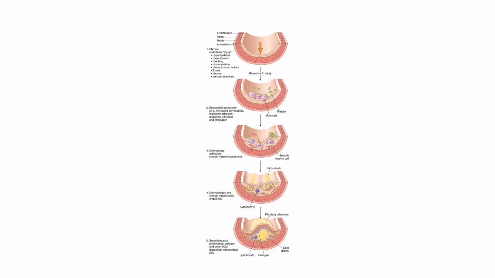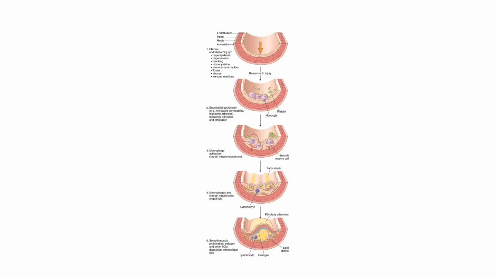And as you can see in the third diagram, the macrophages enter the intima and start engulfing all the lipid accumulated in the intima due to the endothelial injury. Smooth muscle cells are also recruited by the factors released by the activated platelets, and they also start engulfing the lipids, thus forming fatty streaks.